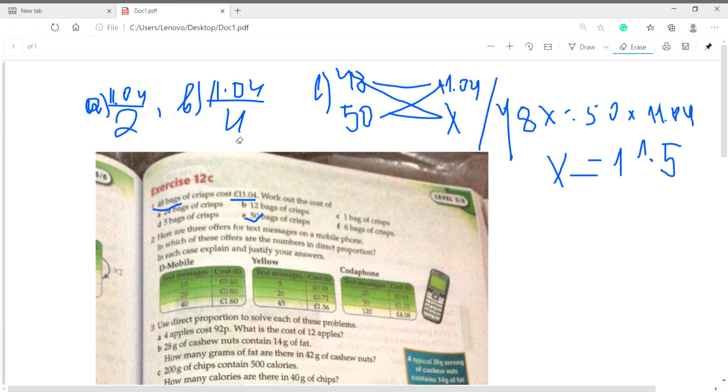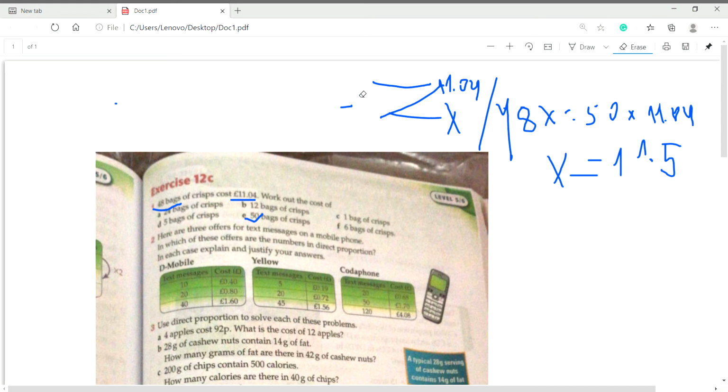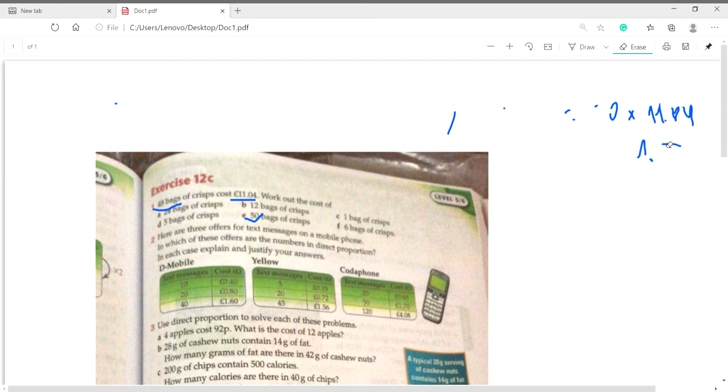Then guys, today we will also learn direct proportion. What is direct proportion? Look at exercise 2. There are some offers for text messages on a mobile phone in direct proportion.